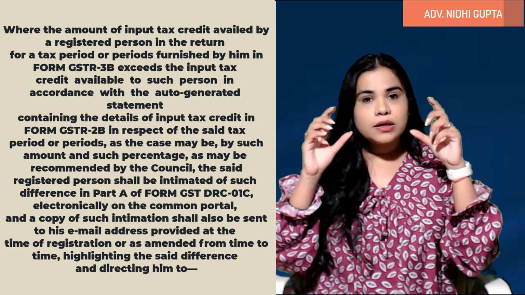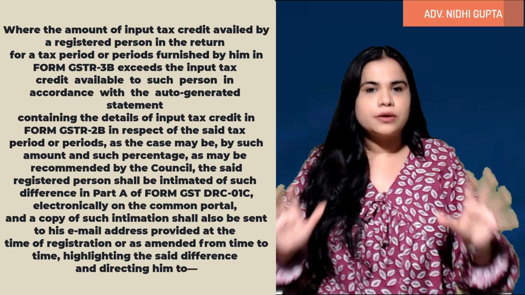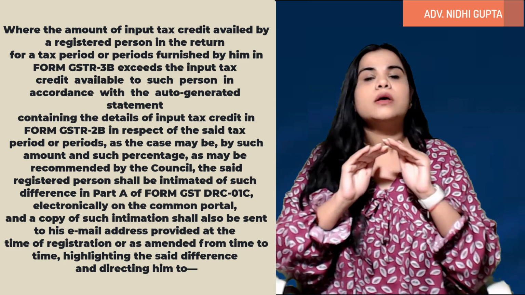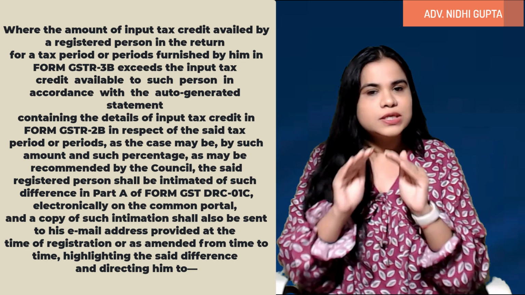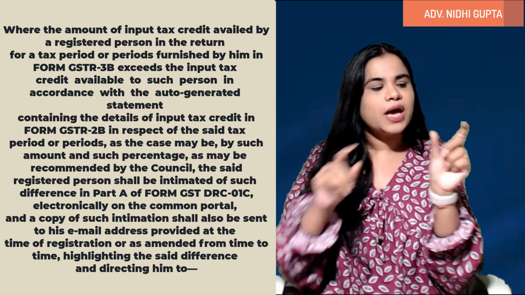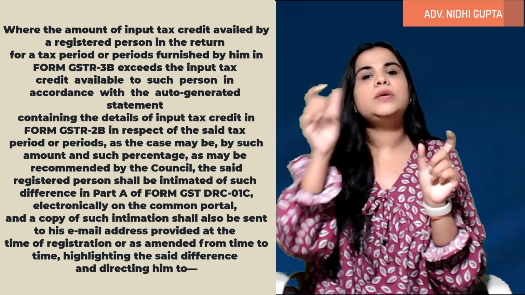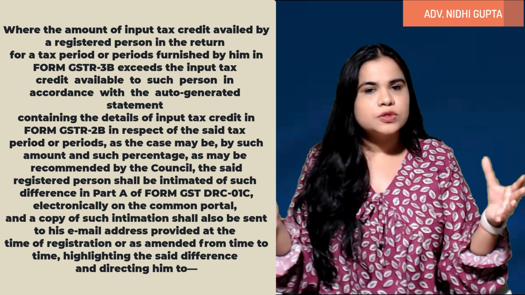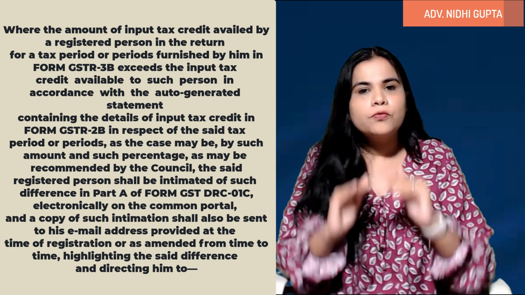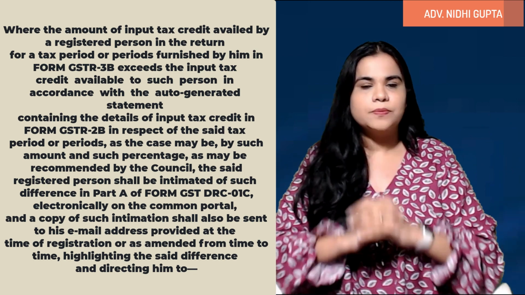Now this intimation would be system generated. There would be no intervention by the proper officers at this stage. As soon as the difference crosses the threshold limit or the period as recommended by the Council, every such recipient would be intimated of the difference.